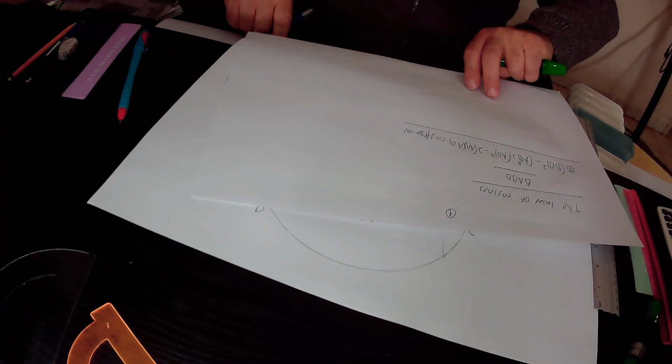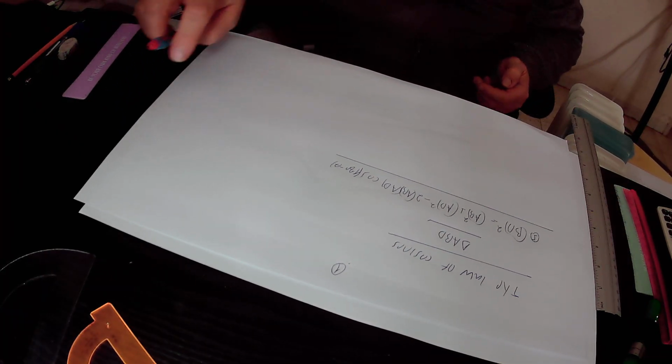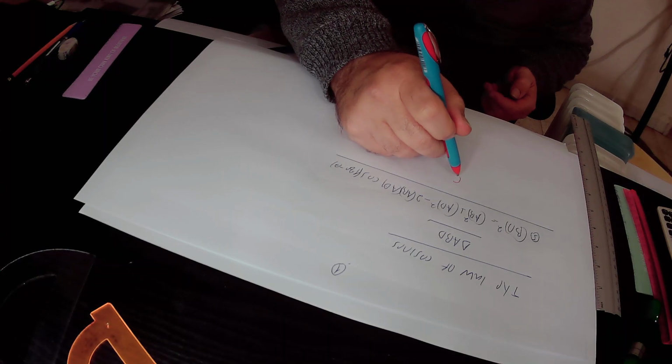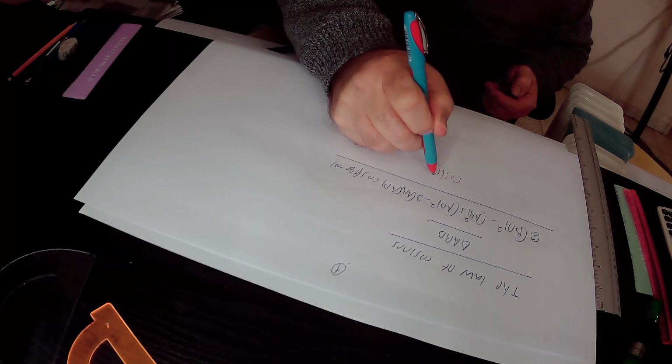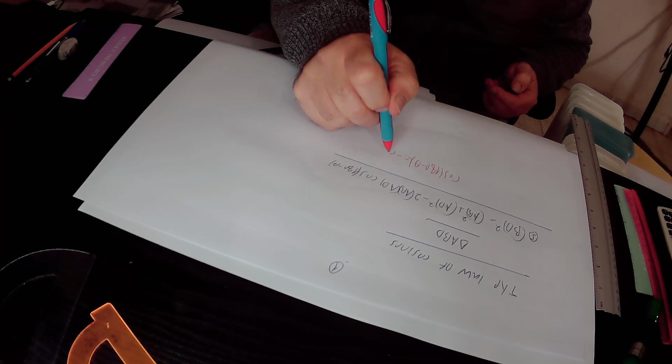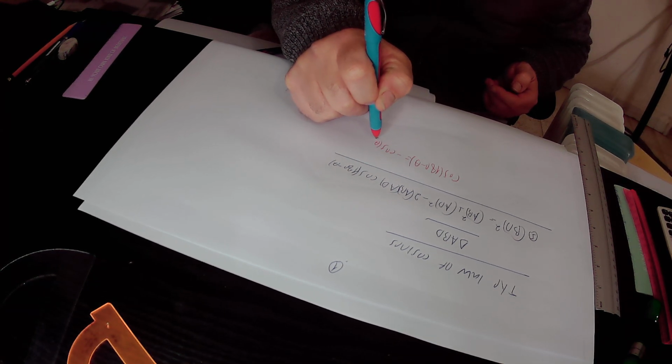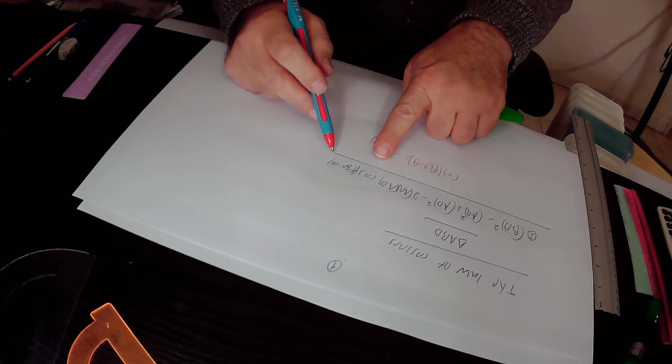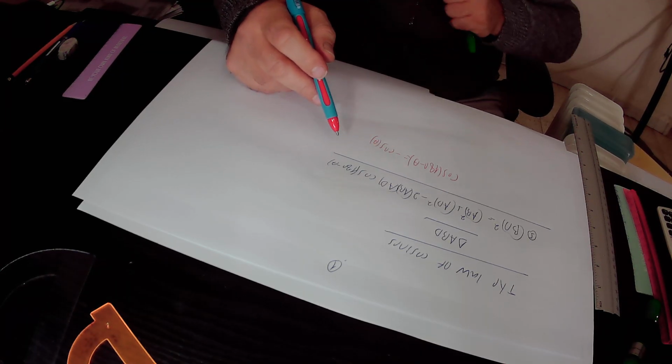We have the trigonometric identity that says cosine of 180 degrees minus theta equals minus cosine theta. So instead of cosine of 180 degrees minus theta, we put minus cosine theta.